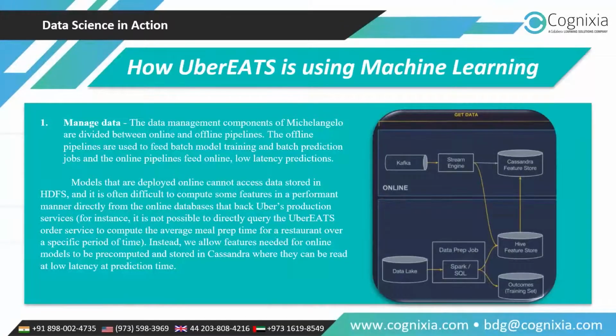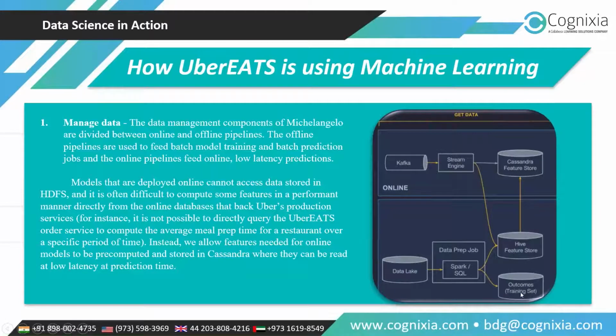So in short, all the static information which generally does not change over a period of time, or over a small interval of time, is stored in this feature store, and it is computed using the historical data, the historical order information. So over the period of time, this type of model becomes more and more accurate.